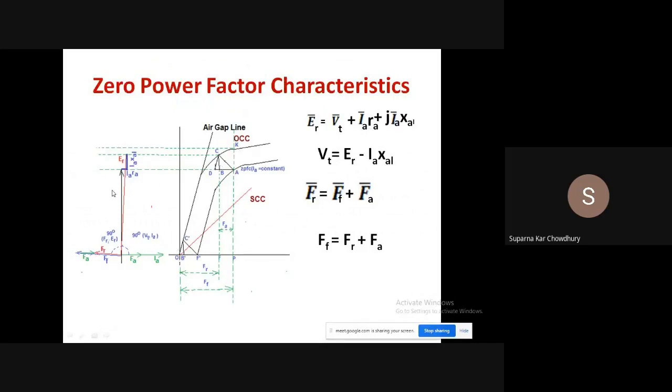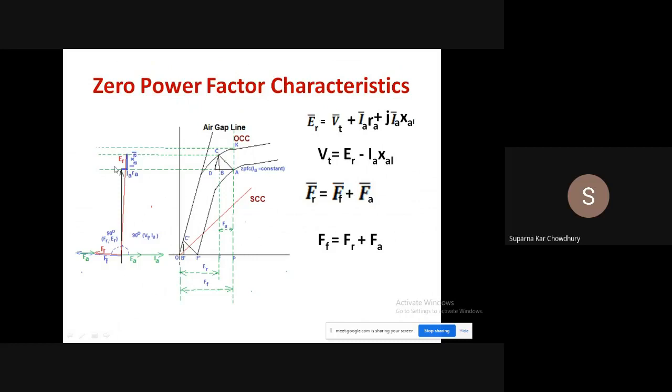Now if we go to the phasor diagram under the zero power factor condition, say this is the terminal voltage. So terminal voltage plus IA RA plus j IA XAL, where XAL is the leakage reactance, gives us ER, the air gap voltage. Now the equation for air gap voltage is ER is equal to VT plus IA RA plus j IA XAL. So this is a phasor equation.